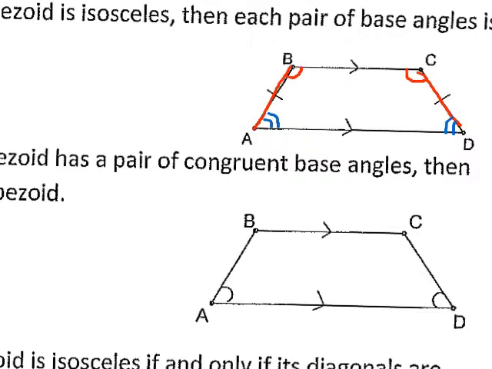If I have an isosceles trapezoid, then each pair of base angles is congruent. So angle B is congruent to angle C, and angle A is congruent to angle D.